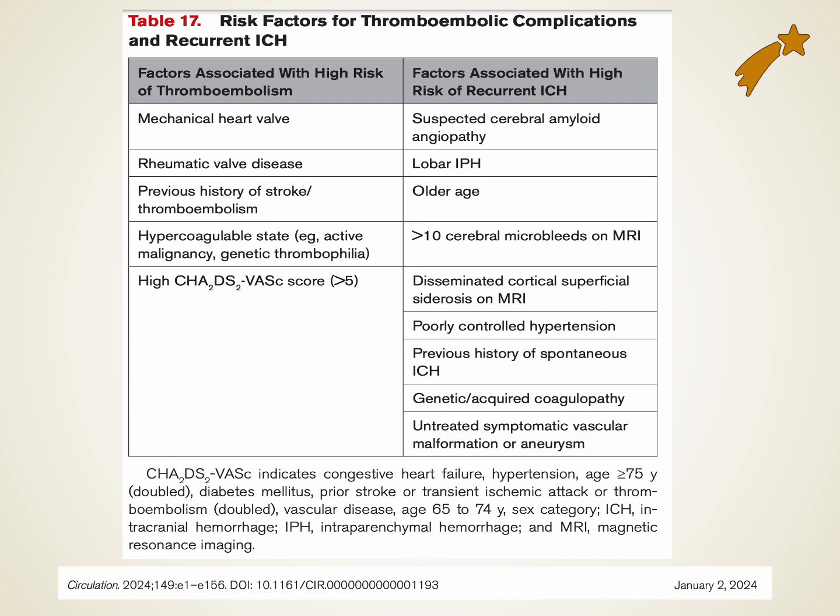So maybe their CHA2DS2-VASc score is 3 or 4, but they fall high in this category. These might be people for whom you're making some decision-making with the patient, but also likely with cardiology, neurology, maybe hematology to figure out what the plan is.